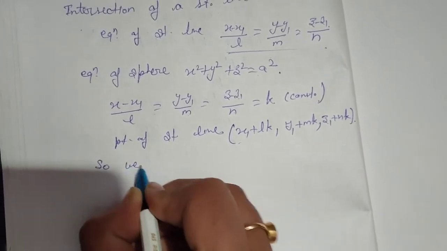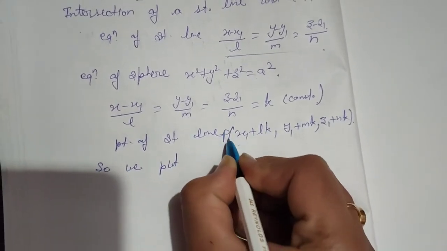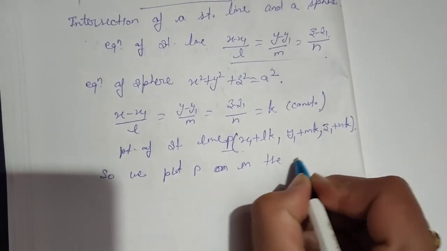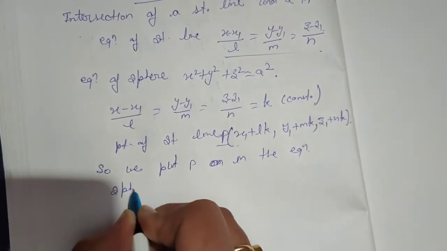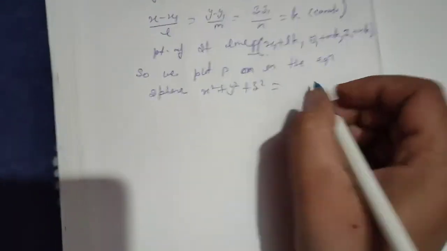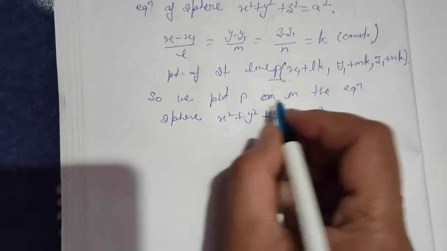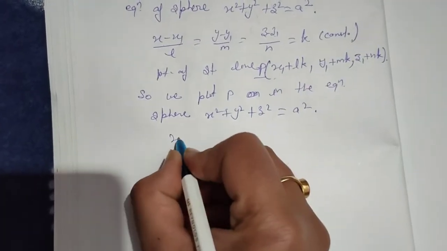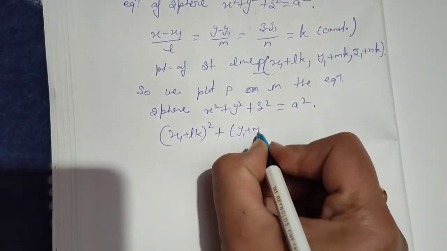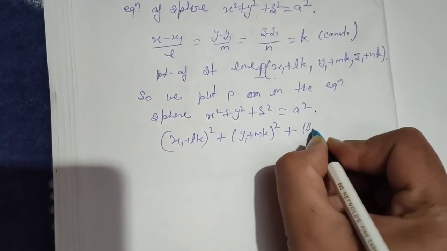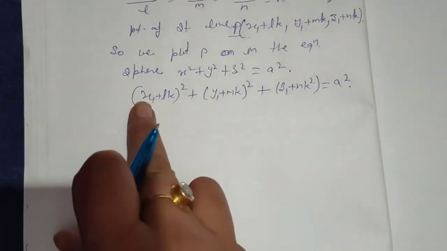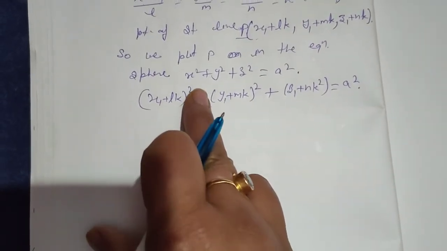So we put this point P in the equation of a sphere. x square plus y square plus z square is equal to a square: (x1 plus lk) square plus (y1 plus mk) square plus (z1 plus nk) square is equal to a square. Here we find the equation in the second degree of k.